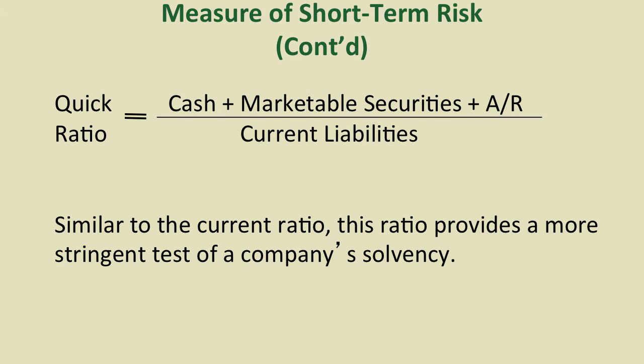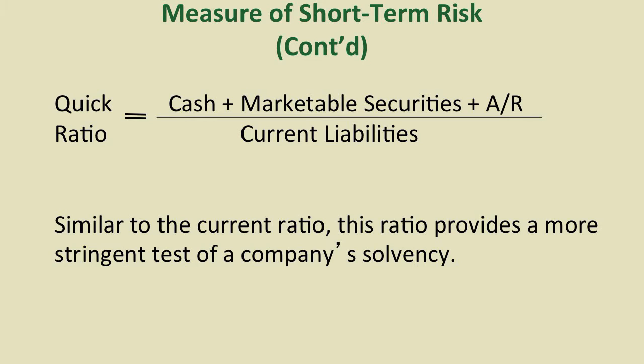The second ratio we're going to talk about to measure short-term risk is quick ratio. So quick ratio here is very similar to current ratio. We're still talking about current liabilities, whether this company has capability to pay off current liabilities in time. But the numerator is different. Quick ratio's numerator includes cash, marketable securities, and accounts receivable. This is what we call quick assets. Quick assets are part of the current assets.